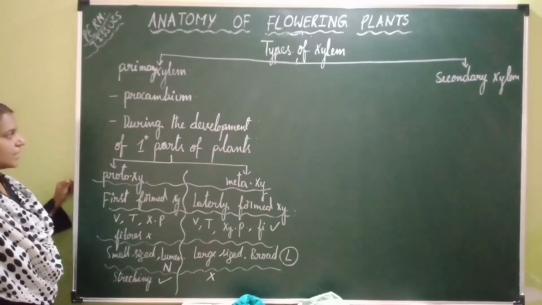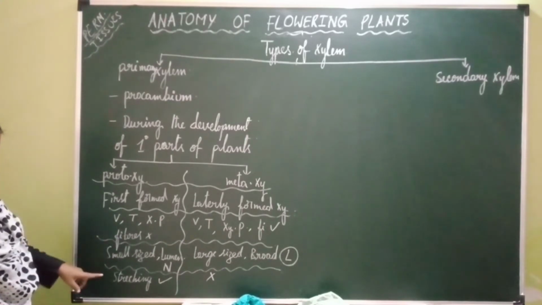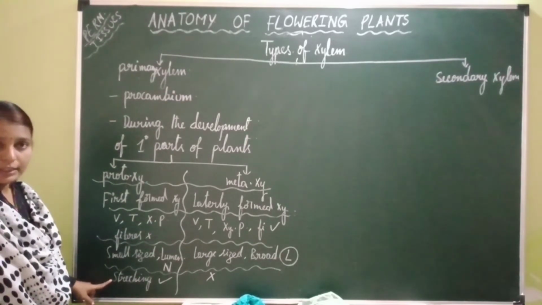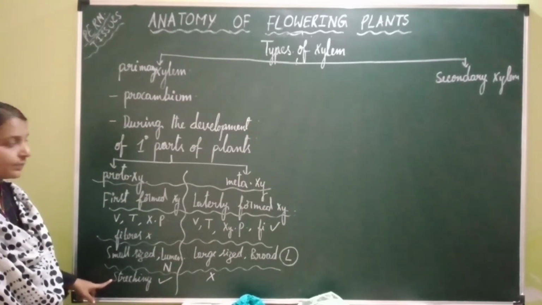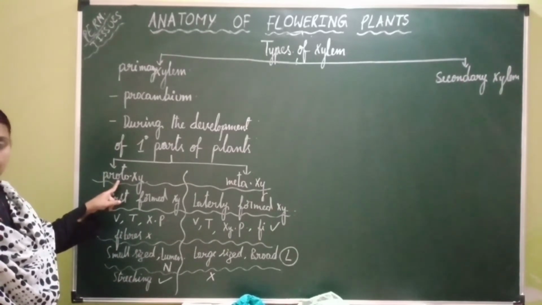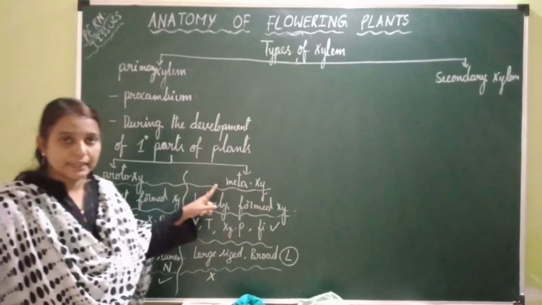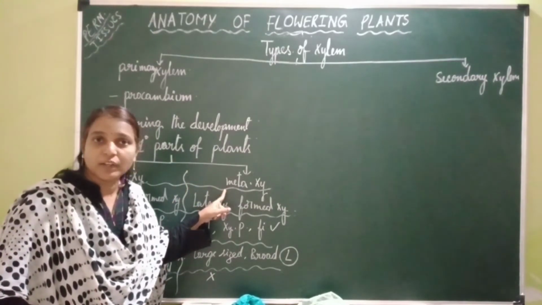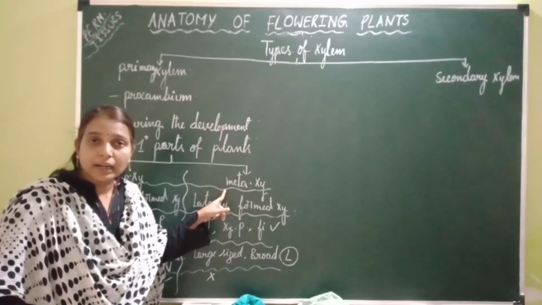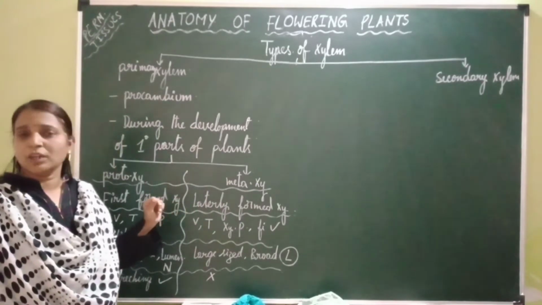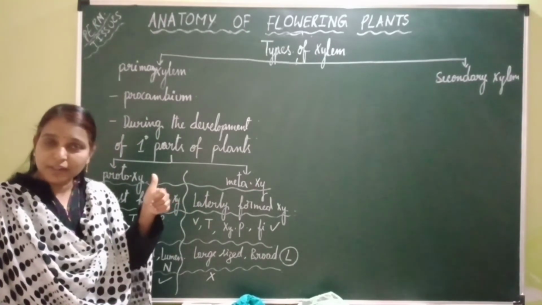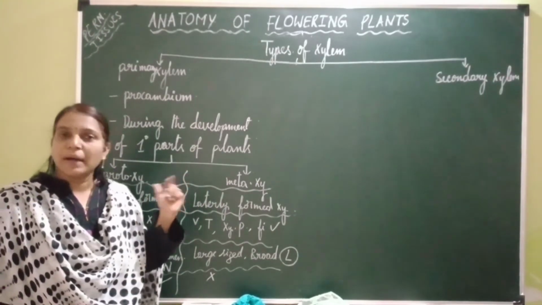One more point I would like to discuss. The cell wall thickenings of tracheids and vessels in protoxylem are the primitive type, while in metaxylem they are the advanced type. What are primitive thickenings? Annular and spiral thickenings.